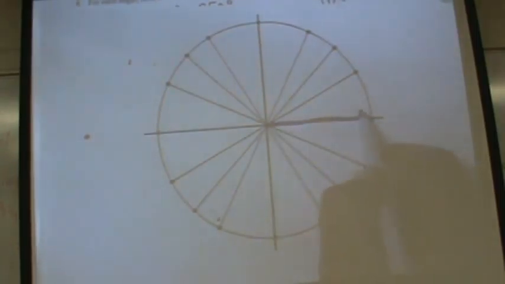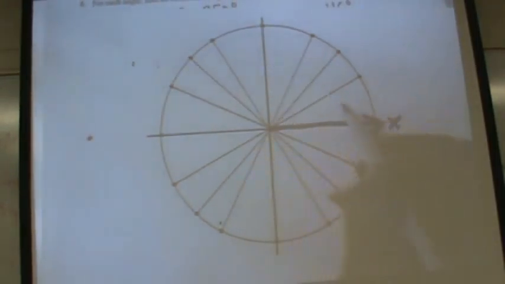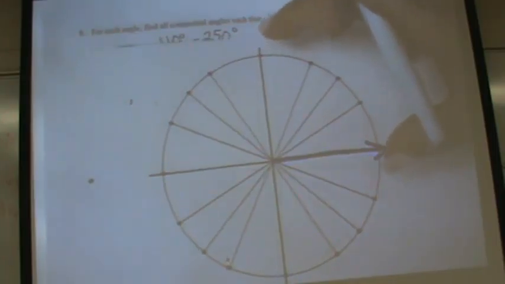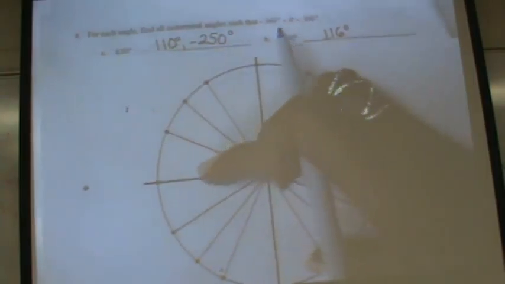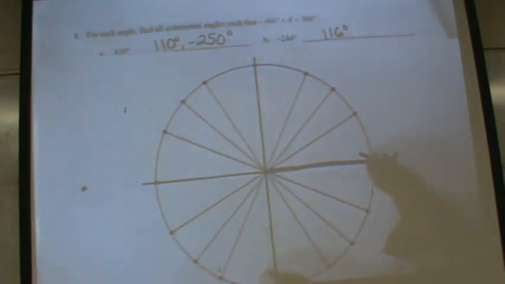If we go this way, we have a positive angle, right? How much are each of these quadrants equal to? 90. So can you count by 90s? 90, 90, 90, and 90.